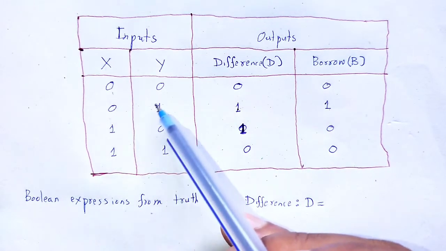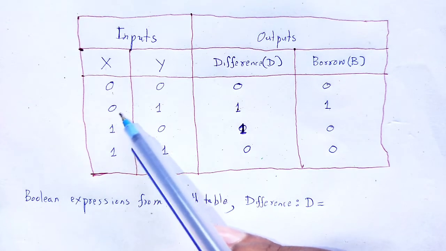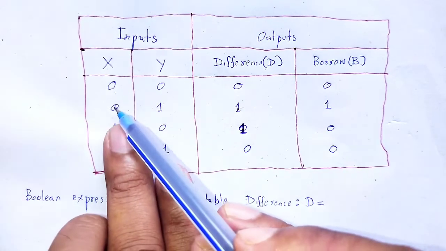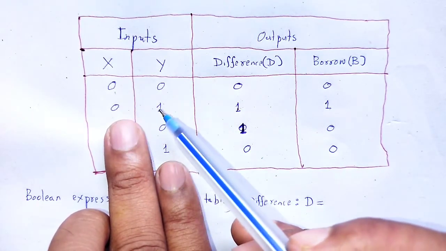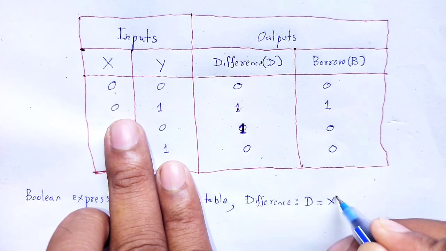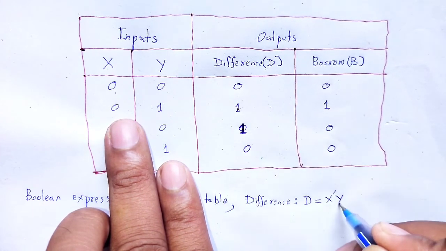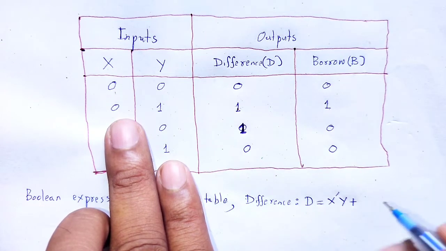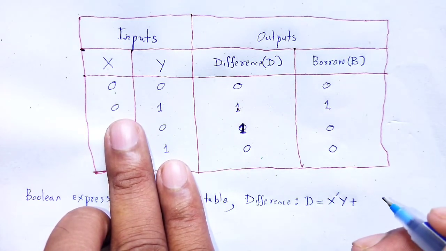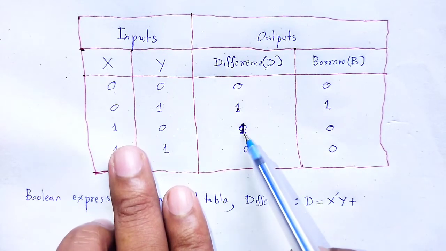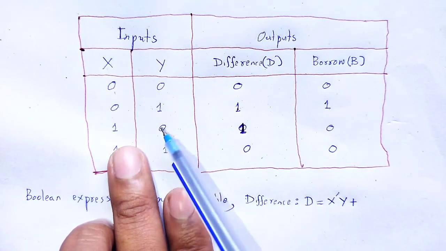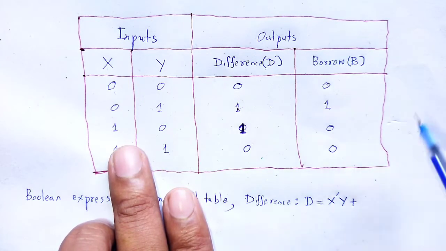Input 0 1: for 0 we use prime, for 1 unprimed, so x prime y, plus, as we take the sum of products, next 1 0, so x y prime.